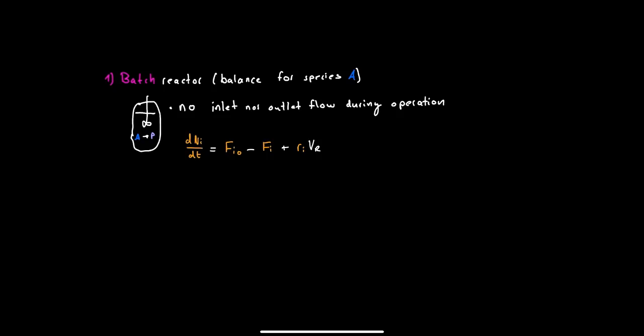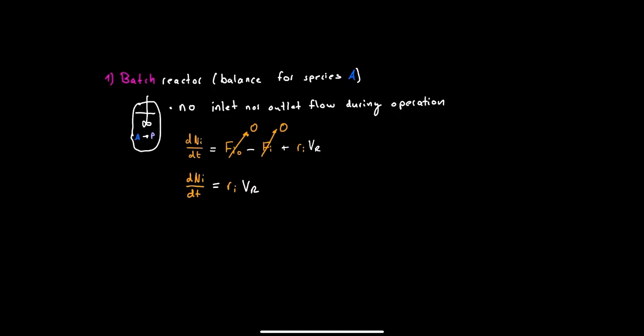So if we take a closer look into our general balance for a species I, for the general balance we consider the inlet and outlet flow, but for a batch reactor these are going to be non-existent, hence both of them are going to be 0. So we can say that the change of species I with respect to time is going to be equal to the reaction rate of the species I times VR.